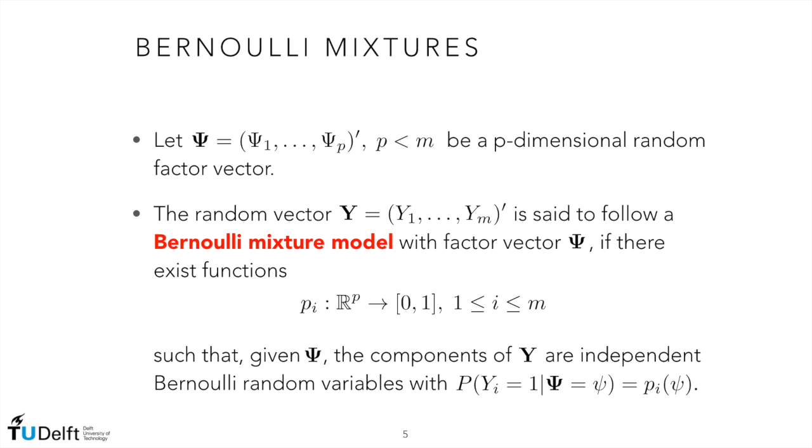Let psi be a p-dimensional random factor vector. It contains different factors building the dependence among our counterparties. The random vector Y is said to follow a Bernoulli mixture model with factor vector psi if, conditionally on psi, defaults are independent Bernoulli random variables.